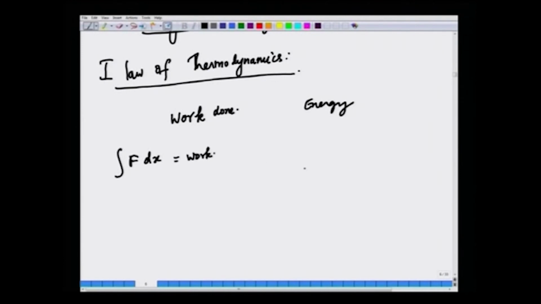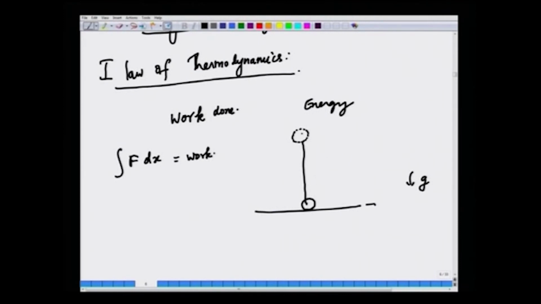For example, you could have a ball, okay, at the ground level, and let us say gravity is acting downward. So, suppose I apply a force over a distance and push this ball up. So, we have done work on this ball by moving it over a distance. Okay.